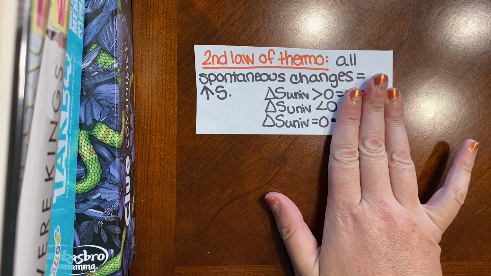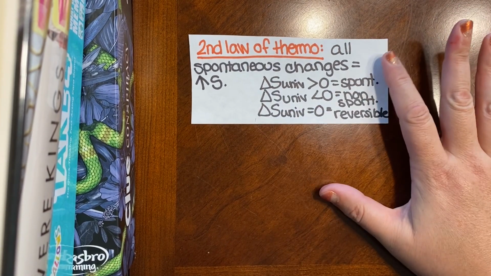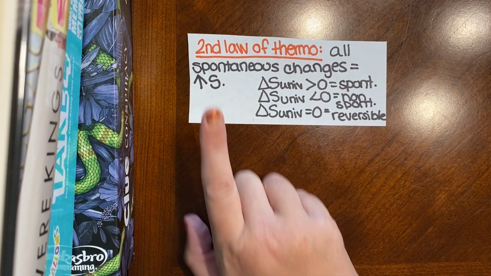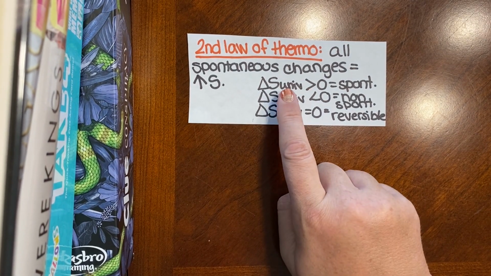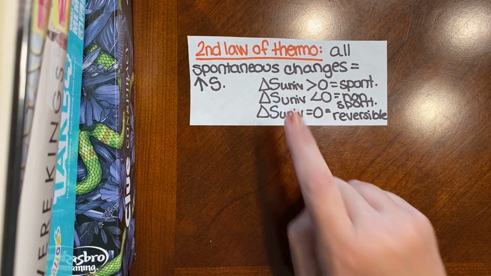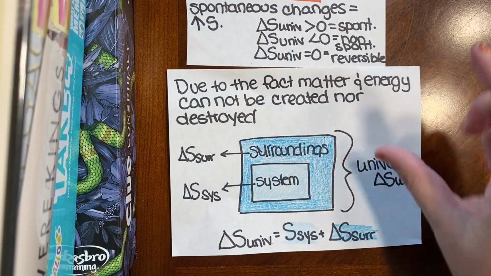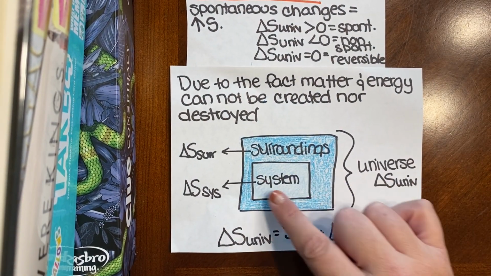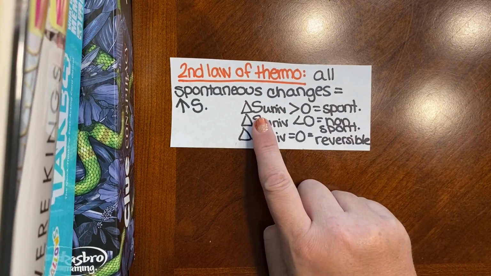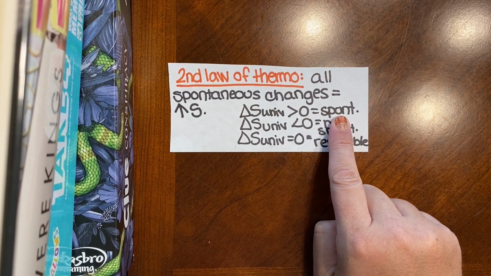So to this, we can say the second law of thermodynamics. All spontaneous processes, therefore, have an increase in entropy. So if we are looking at the total entropy of the universe, and again, the universe is both our surroundings and our system together, then if the change in entropy of the universe is greater than 0, you're going to have a spontaneous reaction.